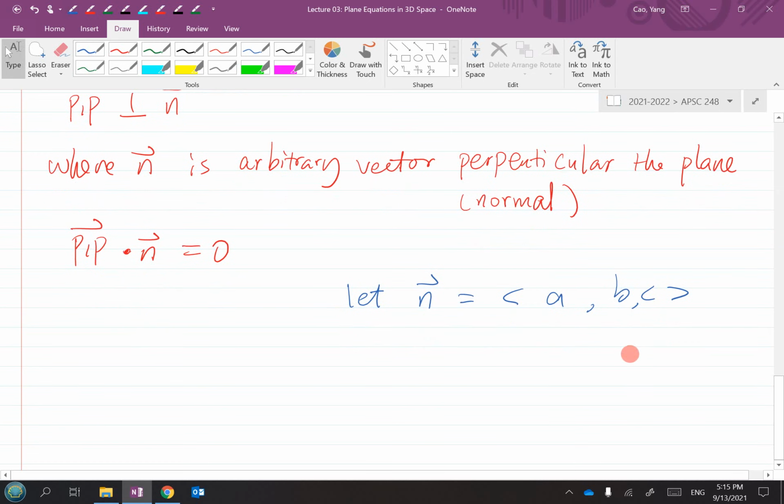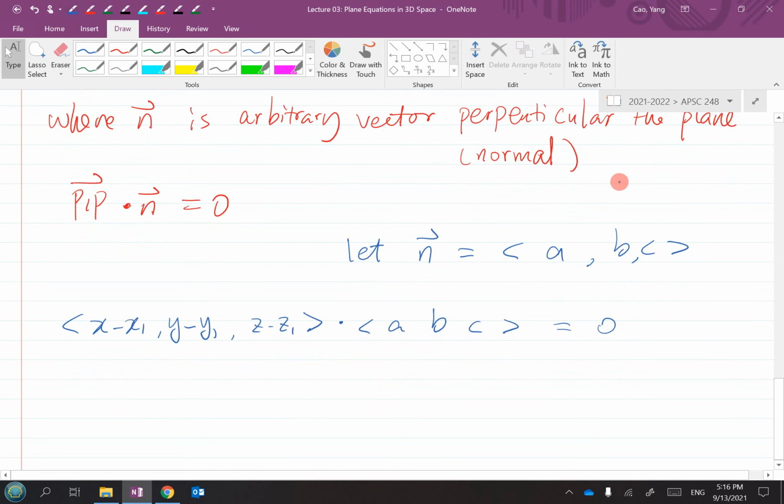So now my dot product here can actually be simplified. So the first vector is x minus x1, y minus y1, z minus z1, dot this general vector perpendicular to the plane, ABC, equal to 0.